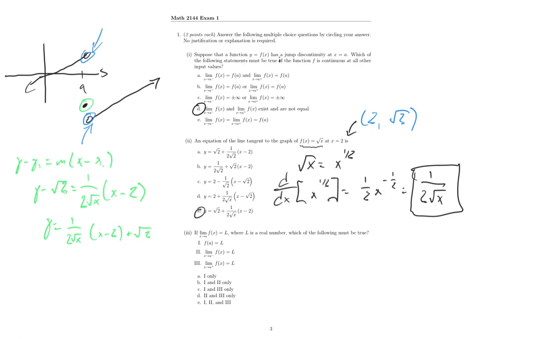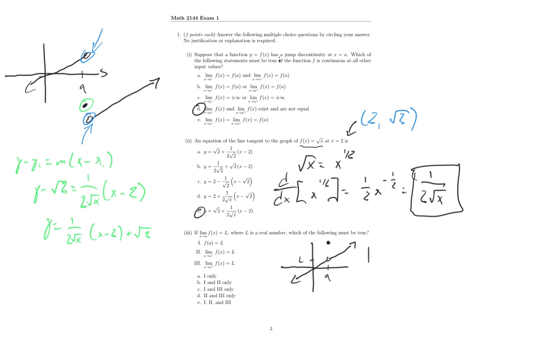Well, let's go about the first one. If f of a would equal L, I'm just going to come up with an example here. Let's just say that's a little hole right there, by the way. Say this is L, but the function value maybe is up here.